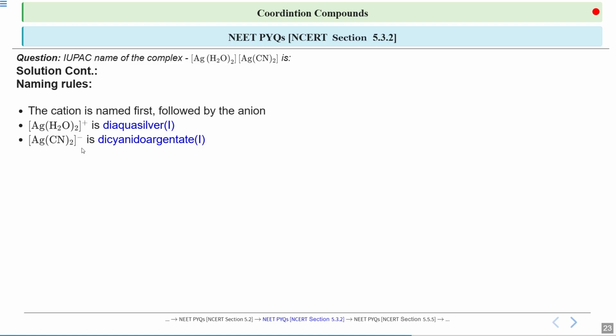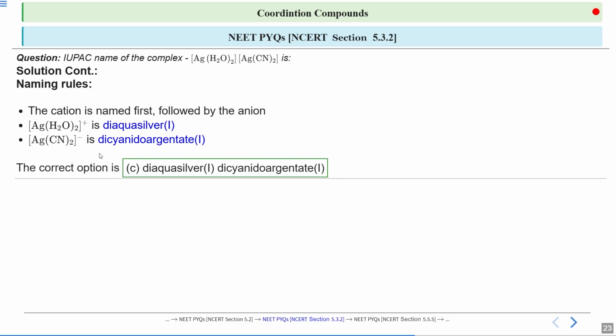Okay, as per the rules, the name of this anionic part will be dicyanidoargentate, and then the oxidation state of silver, (I). So the correct option is going to be option C, the correct name of the given complex, that is diaquasilver(I) dicyanidoargentate(I).